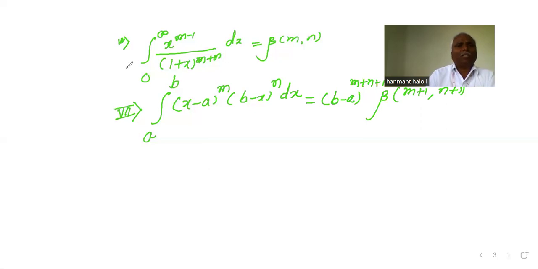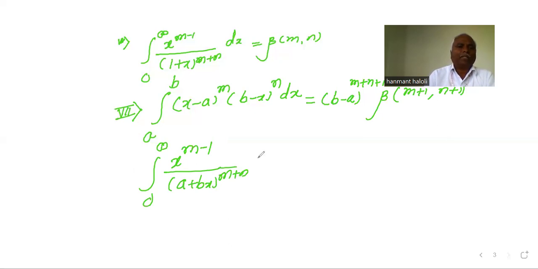And formula number 6 is again modified into a general formula, which we can say is one more property. Integral 0 to infinity x raised to m minus 1 upon a plus bx raised to m plus n dx is equal to 1 upon a raised to n b raised to m into beta m n.